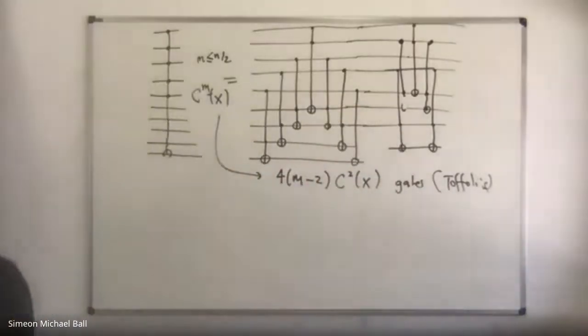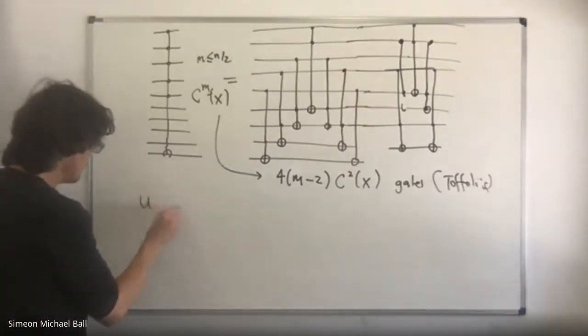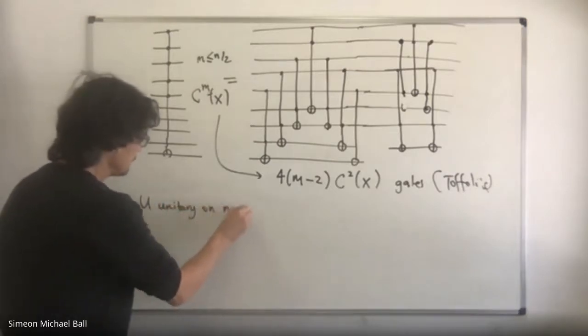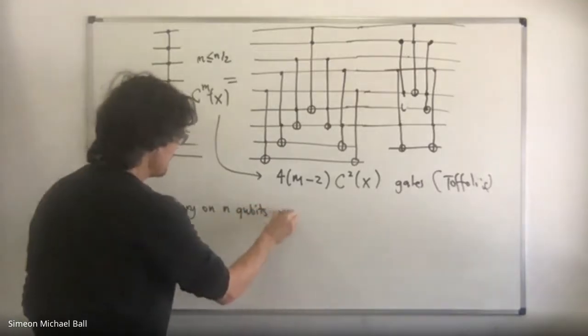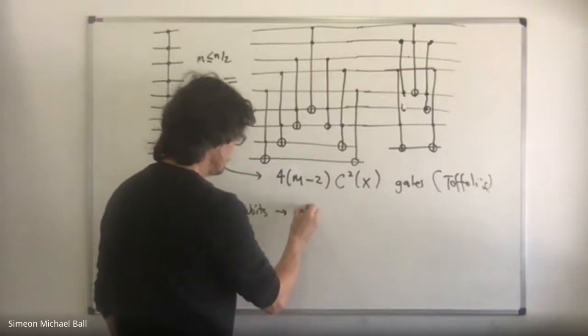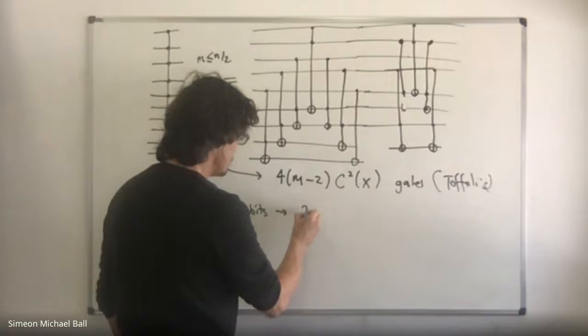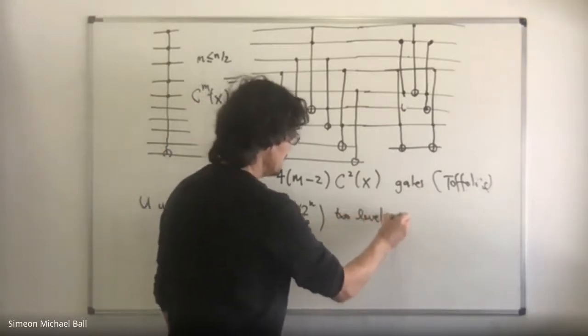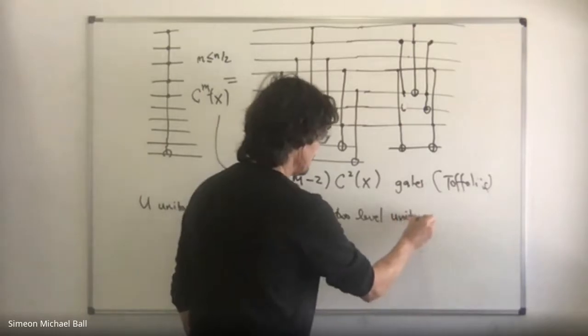So we have a unitary on n qubits, which breaks down into d choose 2, so that's 2 to the n choose 2, 2-level unitary operators.